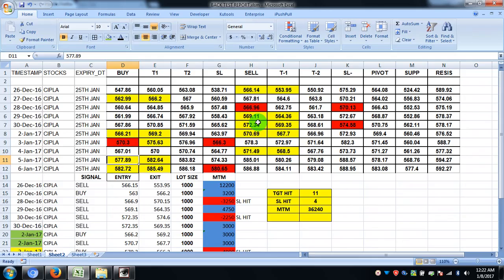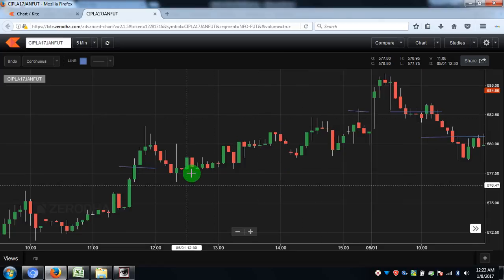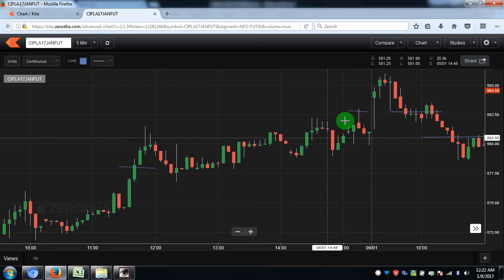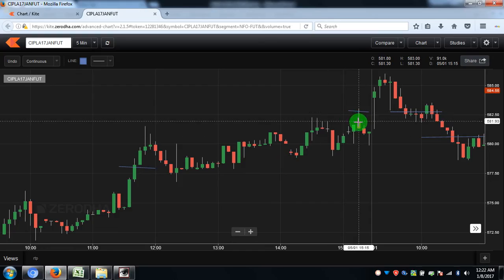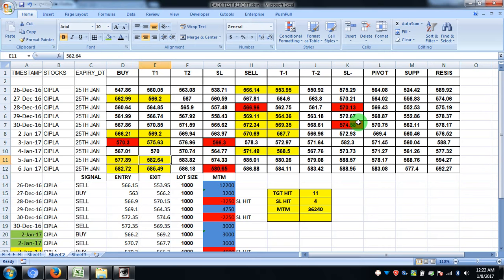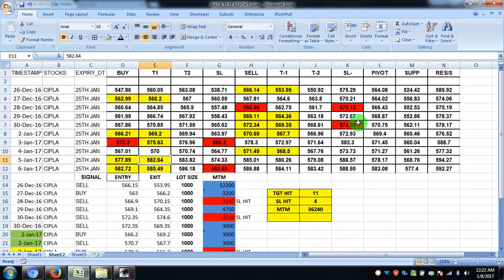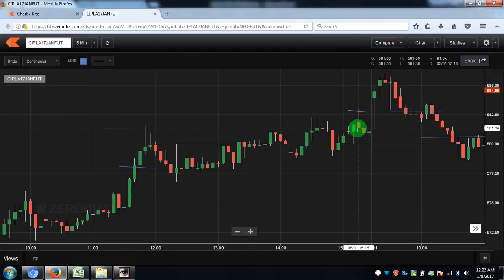The target was given at 582.65 paisa, and you can see after the buy was generated it didn't come down. Here in this candle it made a high of 583, and our target was 582.65 paisa. It has given a clear exit opportunity at 3:15.